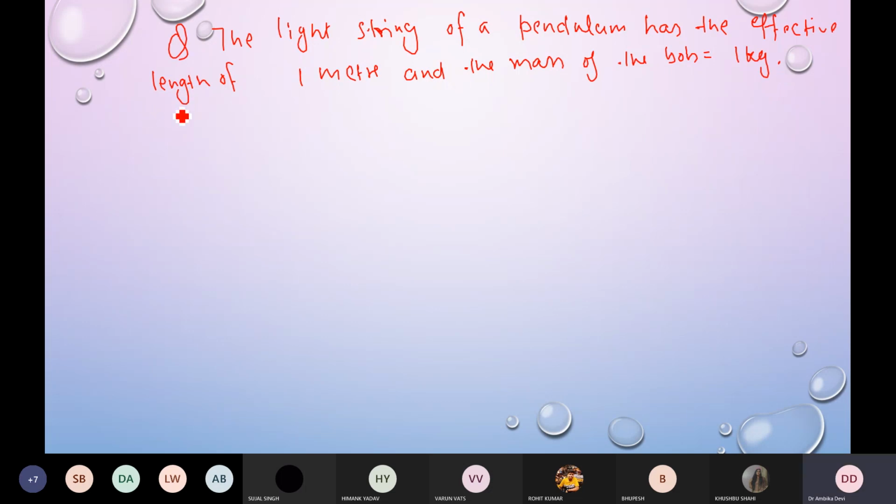Find the period of the pendulum for small displacements.